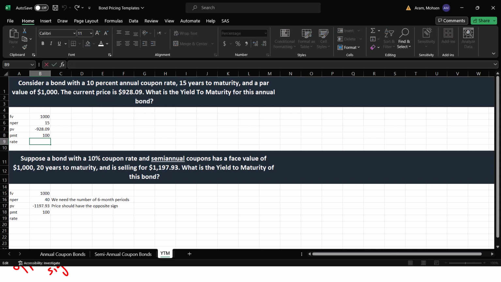So the rate here is the unknown, number of periods is 15, and payment would be 100. Present value is the price today, and then future value is the principal amount. You should get the same number here.